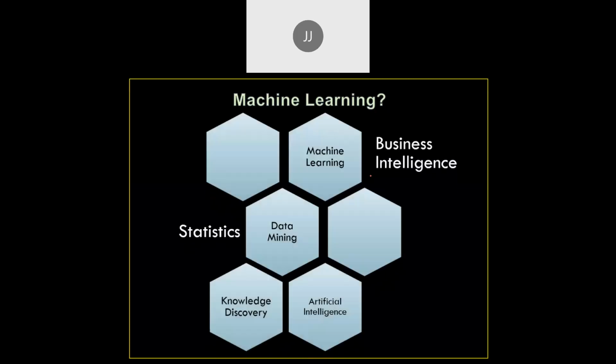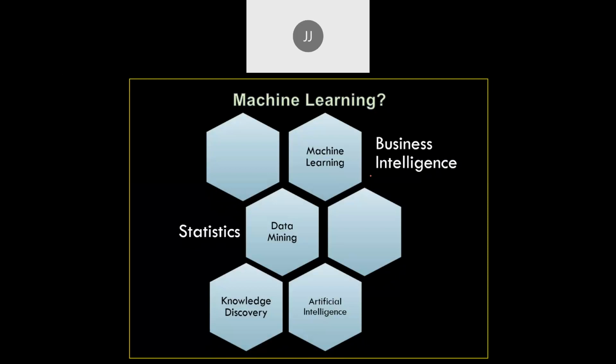make you stay late. Okay, so I'll go with the overview of machine learning. So what is machine learning? Normally machine learning is associated with so many things like business intelligence, data mining, knowledge discovery, statistics, and AI.